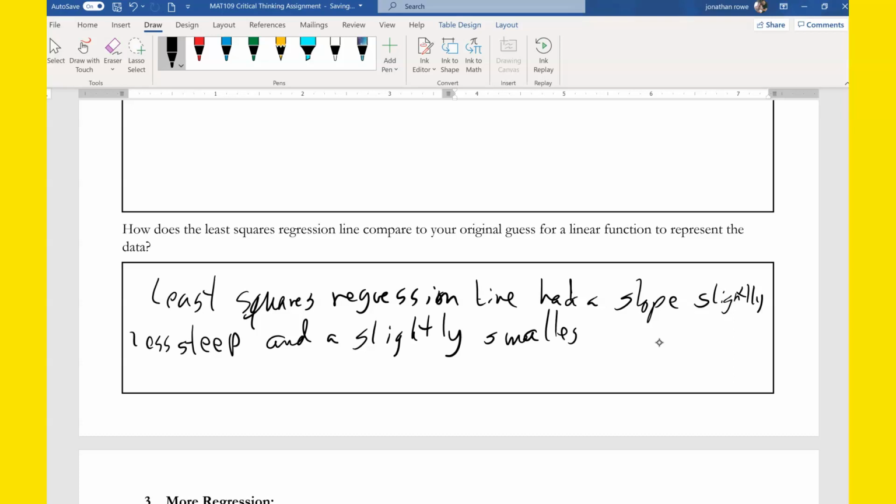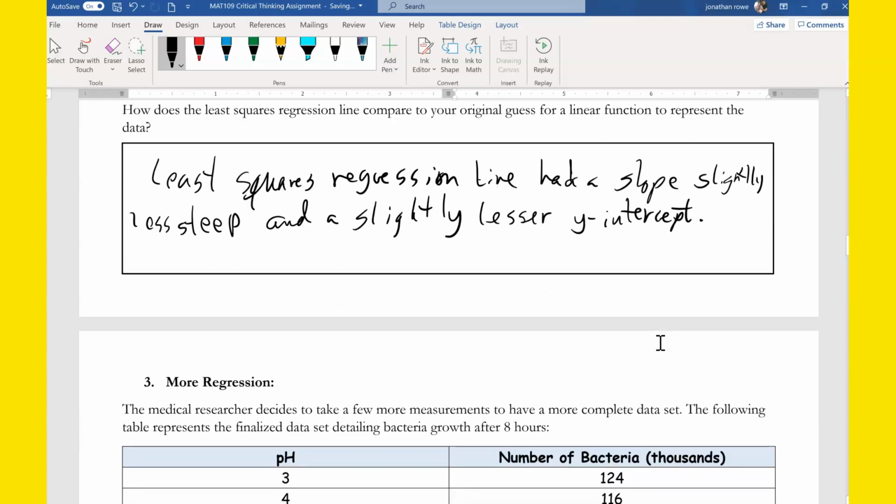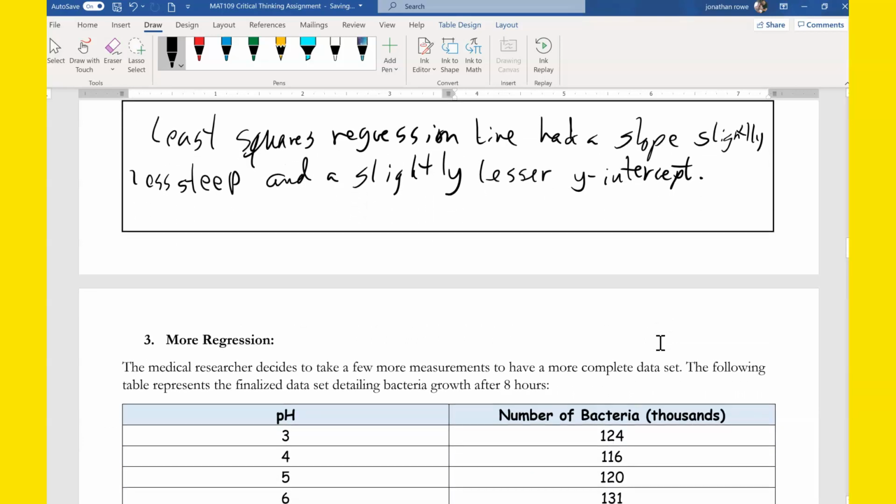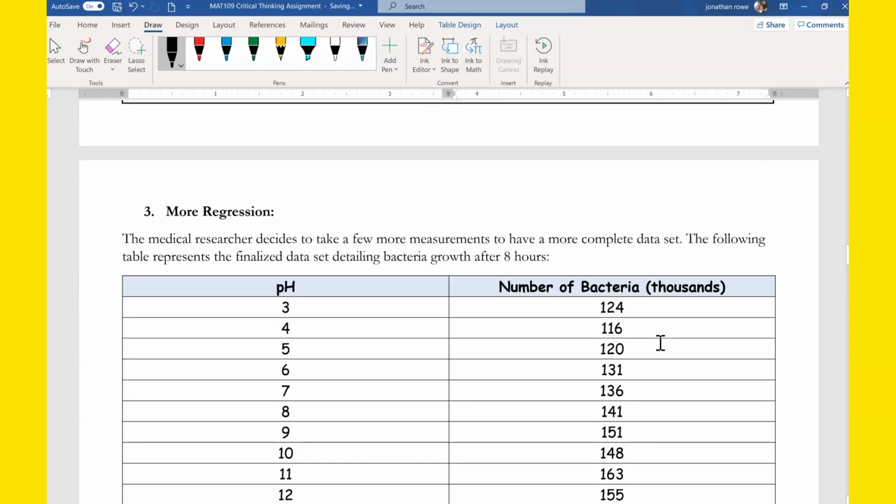Slightly lesser. I'm going to say a slightly lesser y-intercept. If you say something like that, that'll be fine, or if you put it in your own words that have much the same meaning, that's fine.